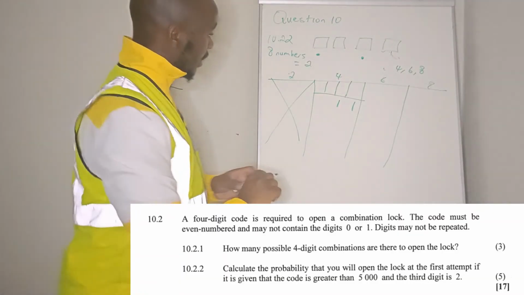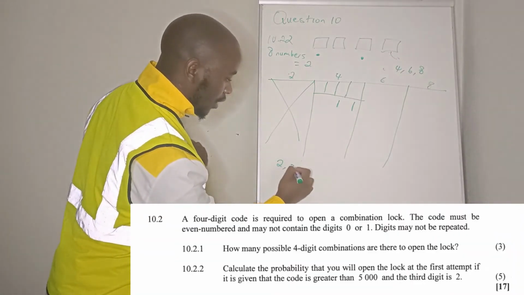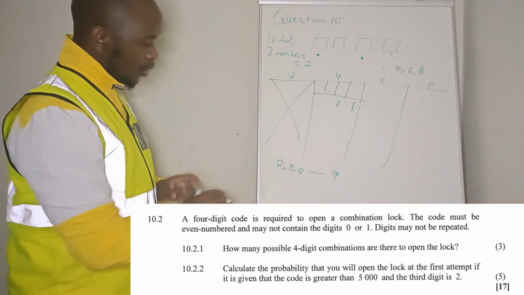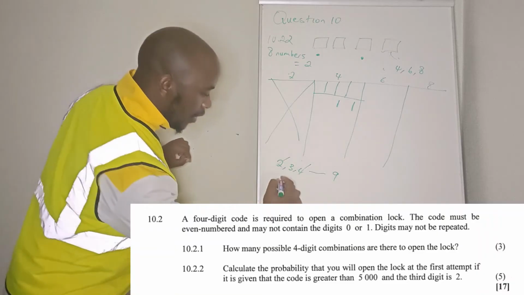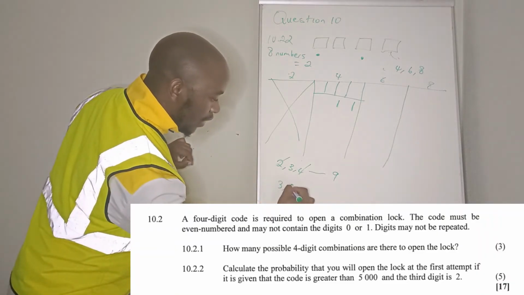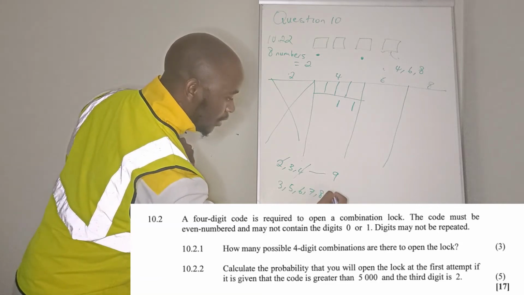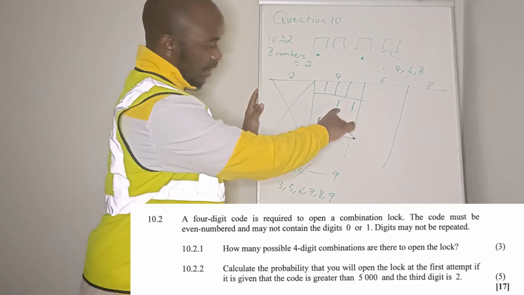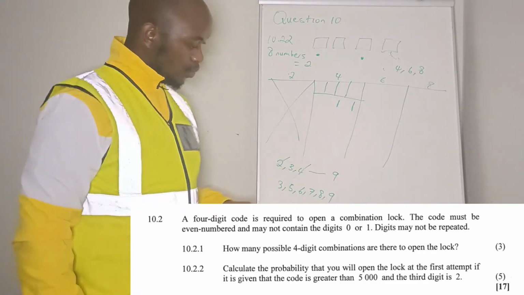We have 2, 3, 4, up to 9. We have taken 2, and we have also taken 4. We are now left with 3, 5, 6, 7, 8, and 9. Here we can only have a 2, and here we can only have a 4.